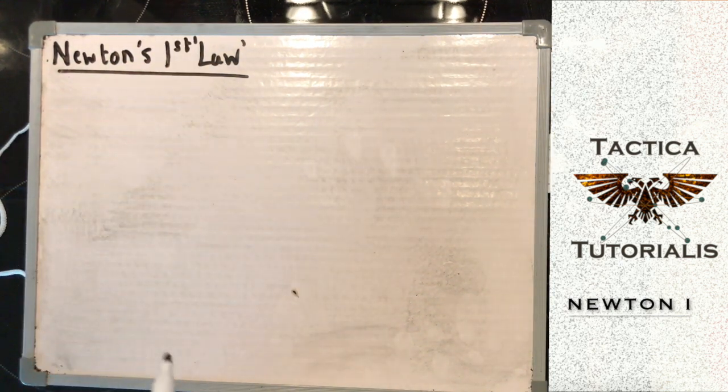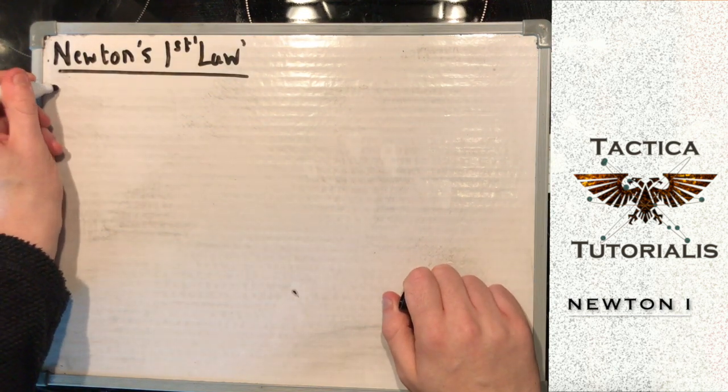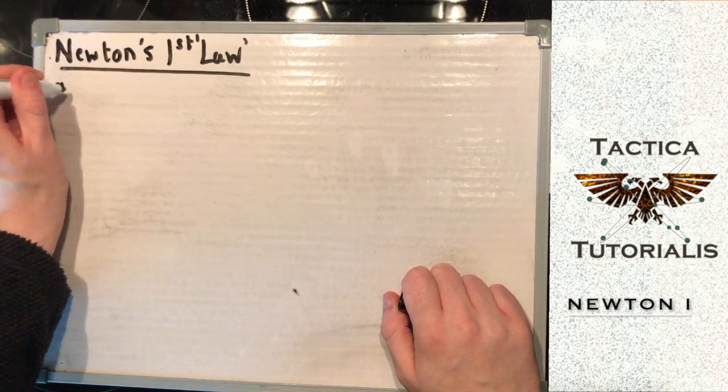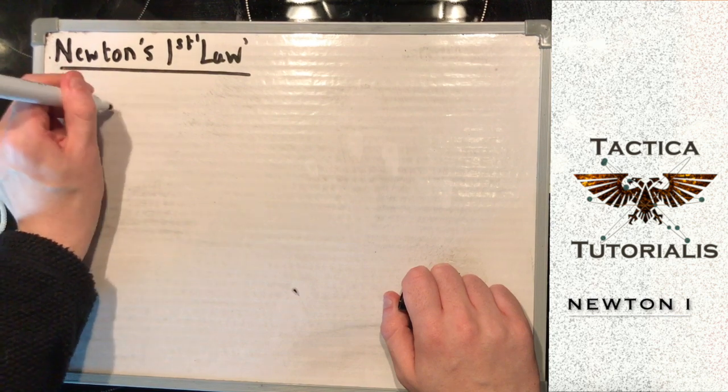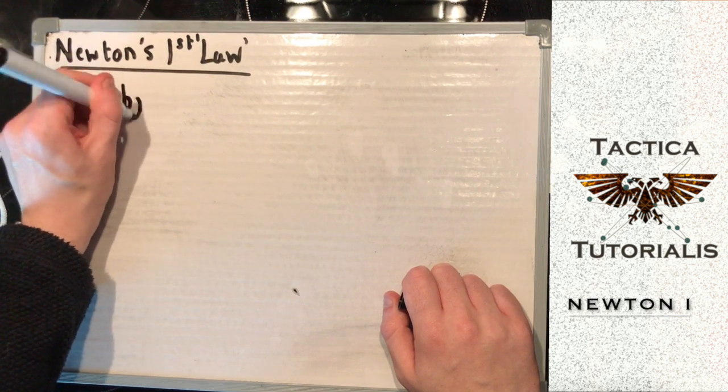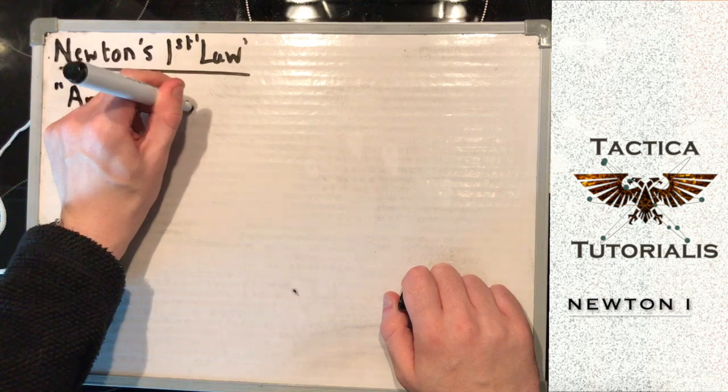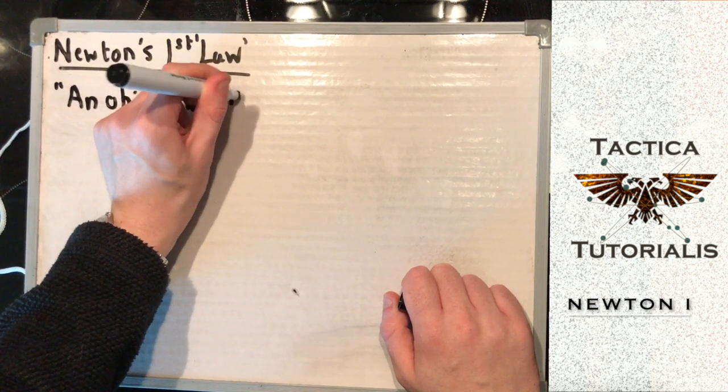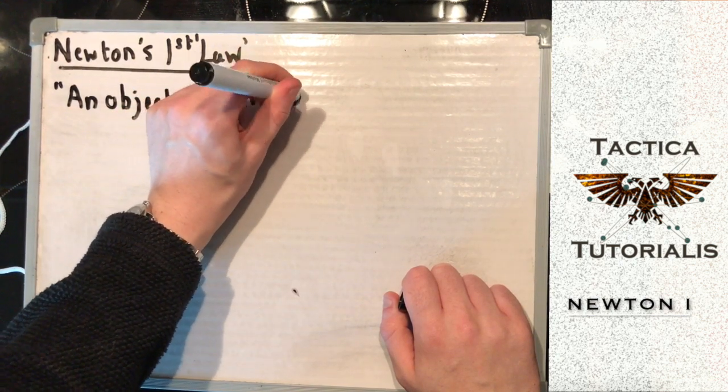So Newton's first law is to do with objects that are not moving, or objects that are not what we call changing their state of motion. So I'm going to give you the most of the quote, and then we're going to explain what that means. An object will remain... Now I appreciate this is quite long-winded.